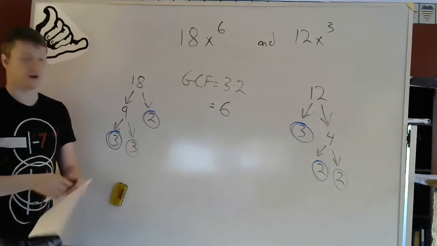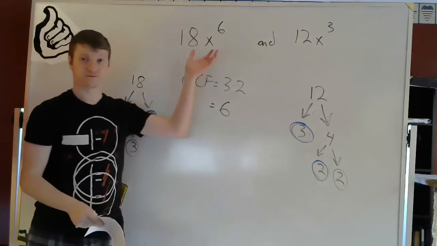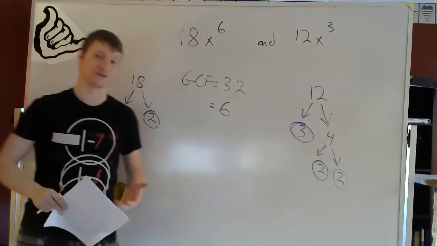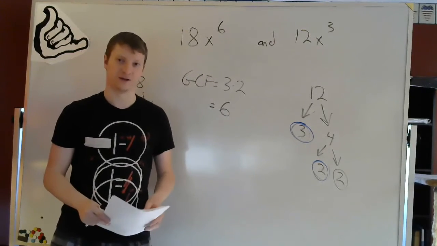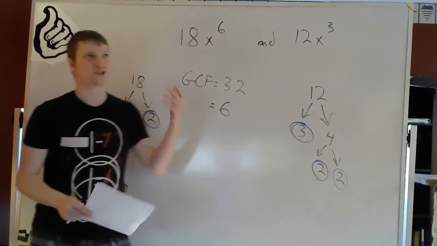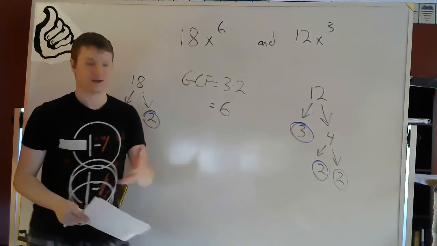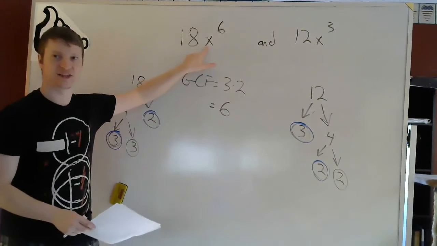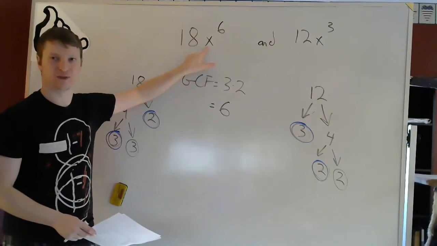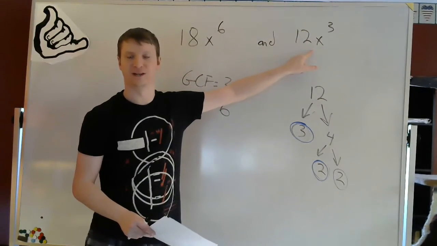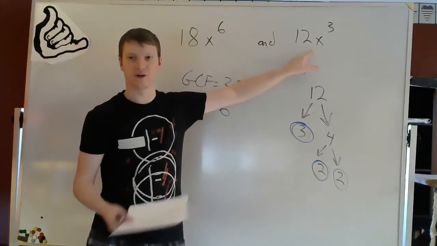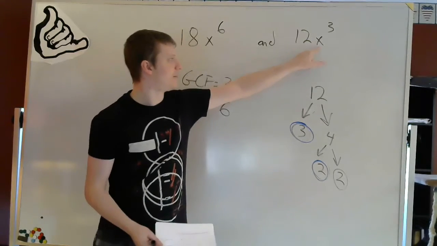However, with GCF, we also have to take care of our variables. When it comes to the variables for greatest common factor, we generally want to use the lowest exponent, because we have to think about which things they have in common. There are 6 x's here being multiplied together, and there are 3 x's over here being multiplied together. So the ones they have in common are these 3.